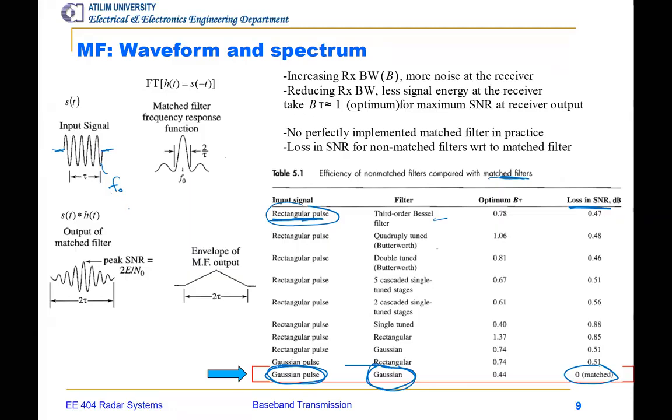Its envelope is a rectangle, and for a rectangular pulse, in the spectral domain we get a sinc function, so the matched filter frequency response will be a sinc function simply. Once we convolve the matched filter impulse response with the input signal, we'll get a sinusoid again, whose envelope follows a triangle.